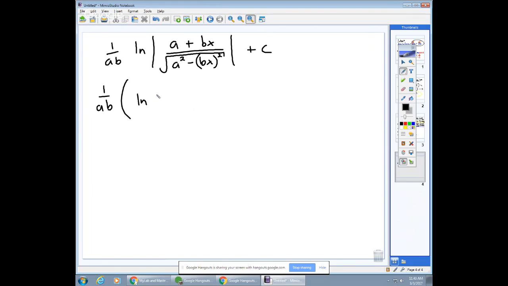So that would be the natural log of the absolute value of a plus bx minus the natural log of the square root. And like you said, the square root is the 1/2 power, so we can pull out that 1/2 power. And that's going to give us the natural log of the absolute value of a squared minus bx squared. Now, a squared minus bx squared is really a minus bx times a plus bx, right?